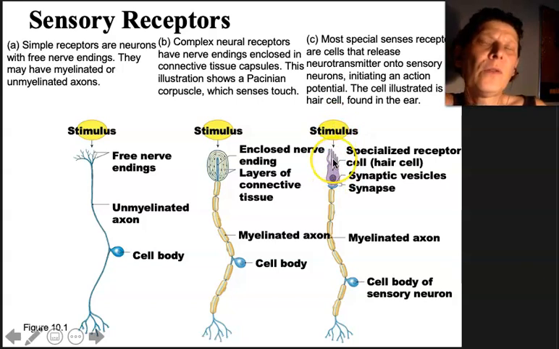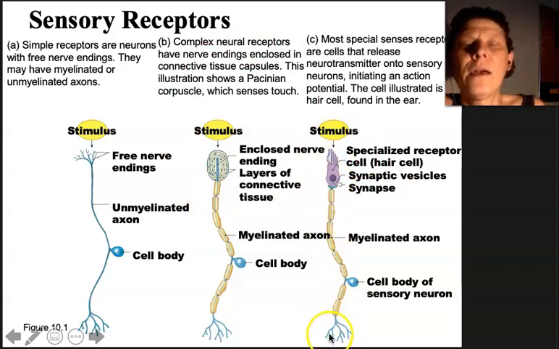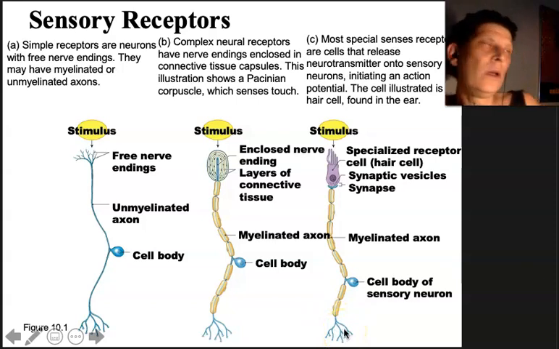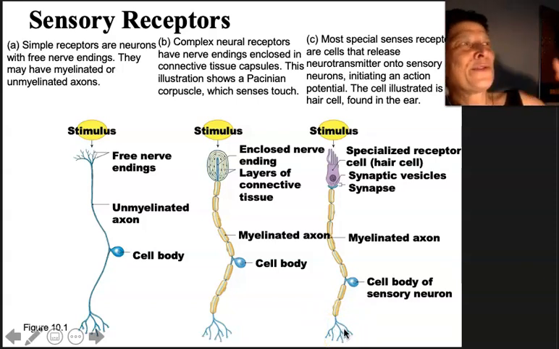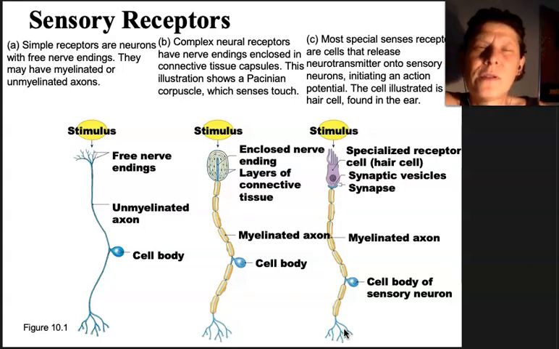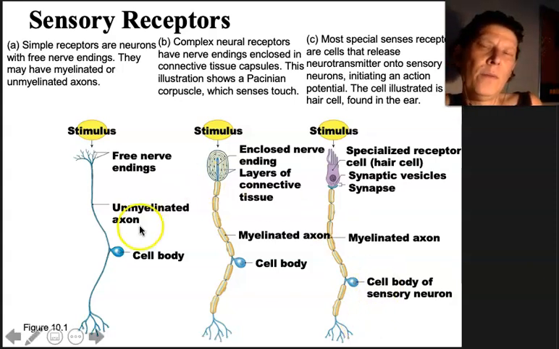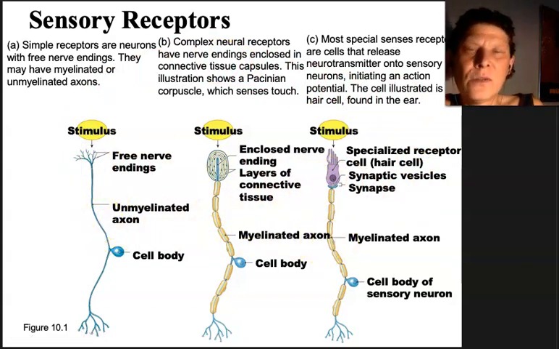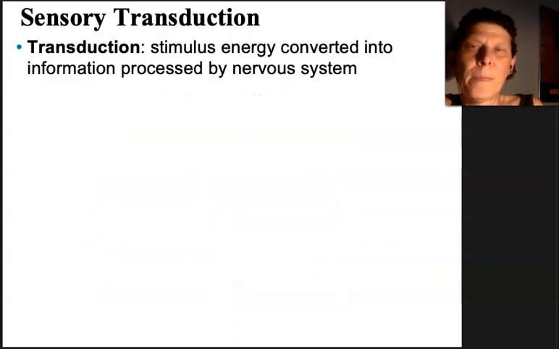Upon receiving a stimulus, it will release a chemical, a neurotransmitter, that then initiates the action potential that travels along the myelinated axon and makes its way to the axonal terminal, where it will release its neurotransmitters and initiate an action potential in the second neuron, until it makes its way up to the central nervous system. So that's kind of a three-way demonstration of the different types of receptors associated with the different types of sensory afferent fibers.